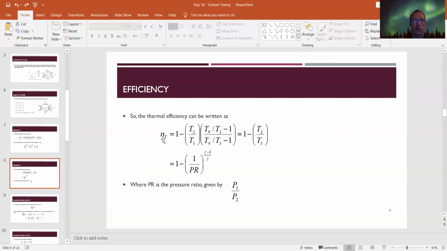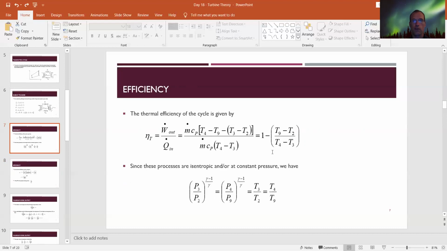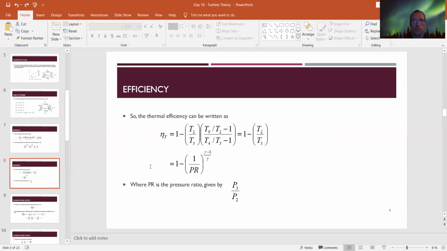And so going back to my thermal efficiency, the thermal efficiency we had up here, 1 minus (T9 minus T2) over (T4 minus T3). Basically what I'm going to do is from the top, I'm going to pull out a T2. From the bottom, I'm going to pull out a T3. So instead of having T9 minus T2, I have T9 over T2 minus 1.